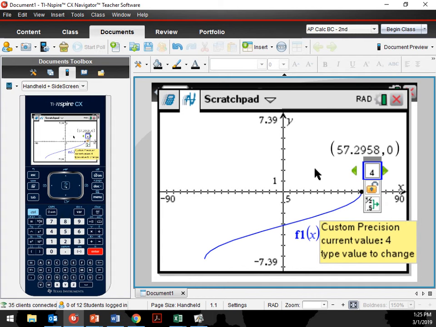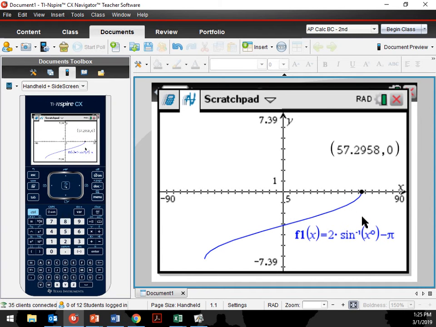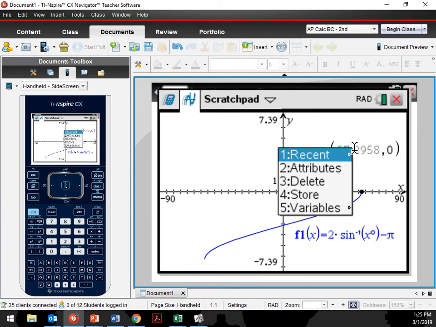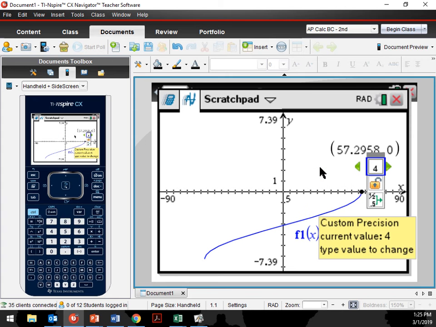Seven pi over 22. Is that right? I wonder if I can make it. Let's see if I could actually do this. Change this to be 4.